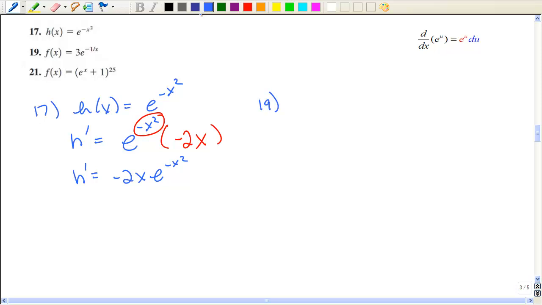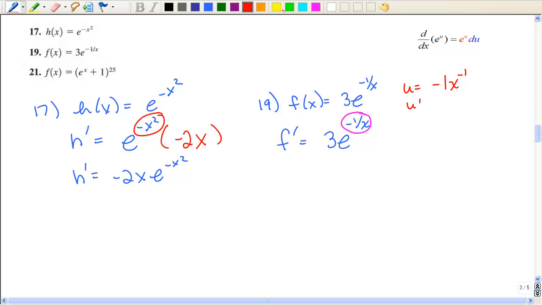Okay, number 19. The derivative is the exact same function times the derivative of the exponent. Now, that looks a little bit more complicated. That exponent is really negative 1 times x to the negative 1 power, so let's call that u.